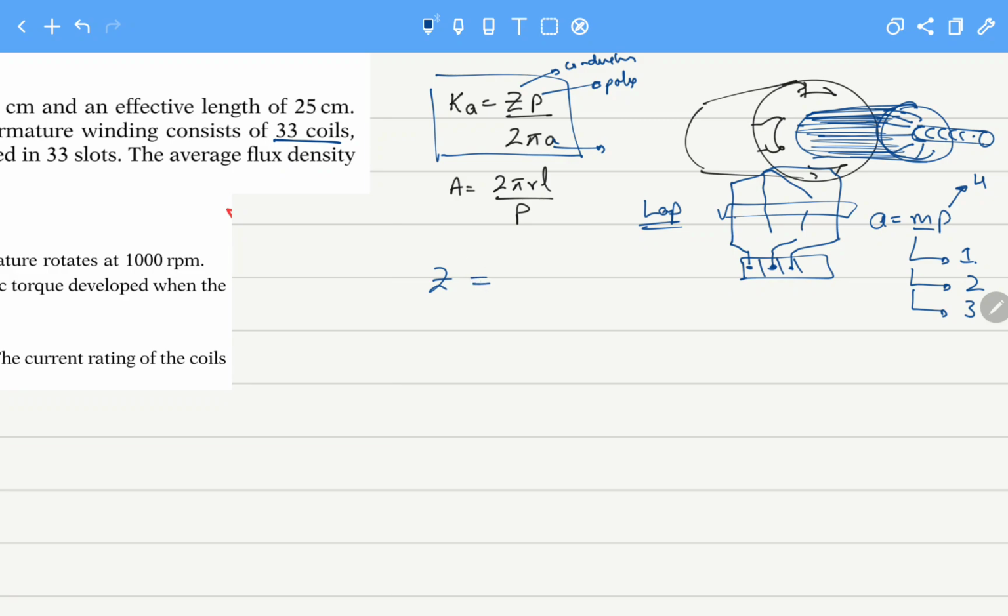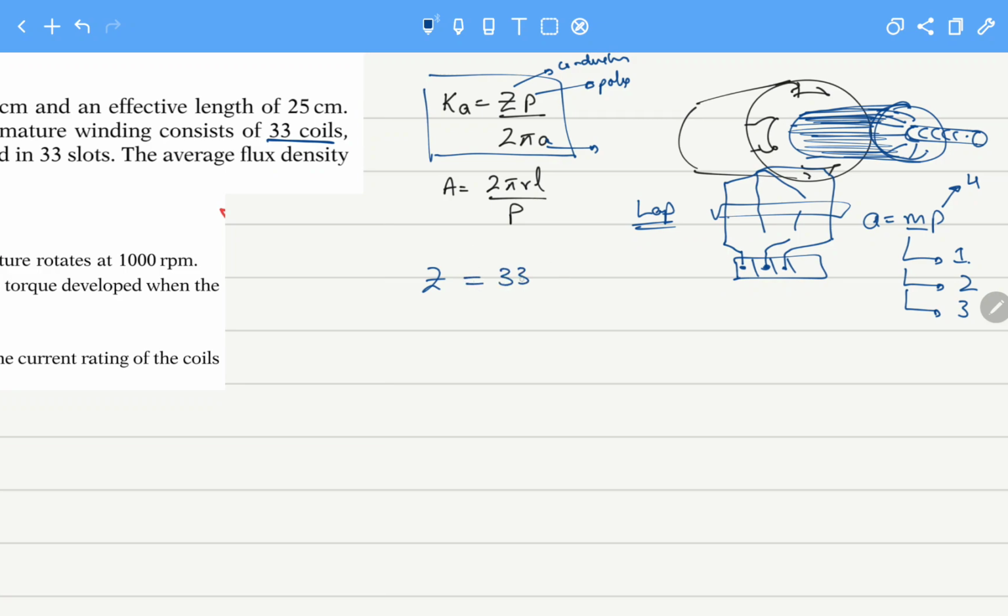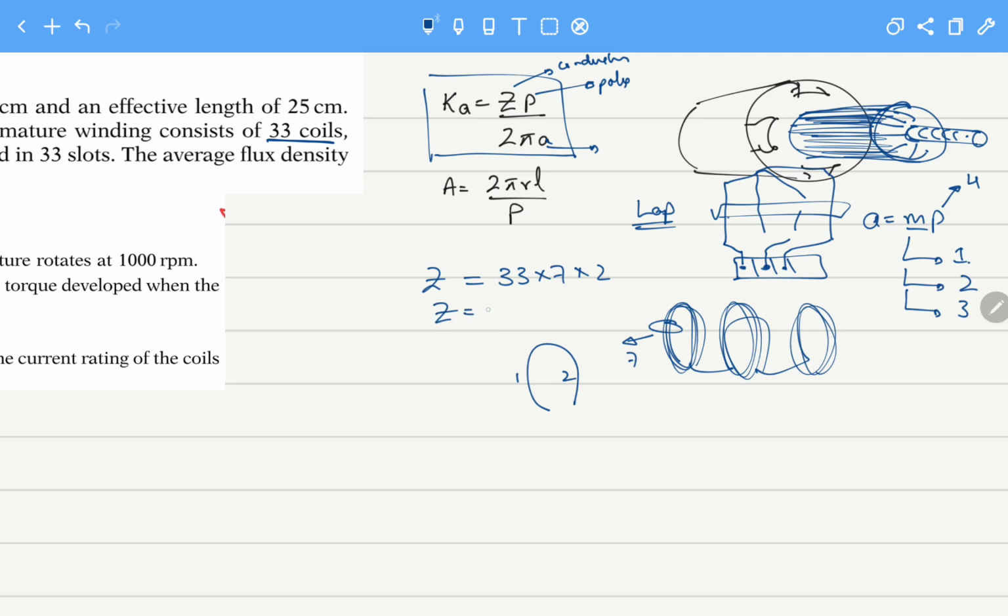There are 33 coils, and each coil has 7 turns, and each turn has 2 conductors. So in this way, the value of Z will be equal to 33 times 7 times 2, which is 462.